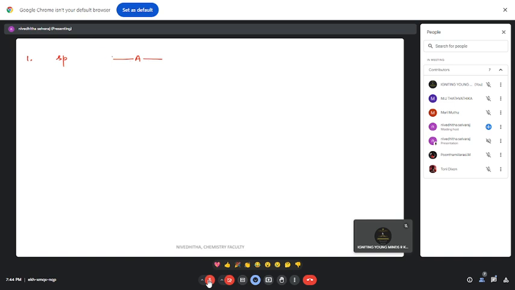If these two bonds are occupied by two atoms, then the shape of the molecule is linear. And what is the bond angle? The angle between this bond and this bond, if it is linear, what will the bond angle be? Obviously, it is 180, right?